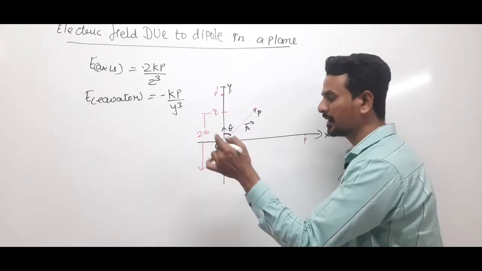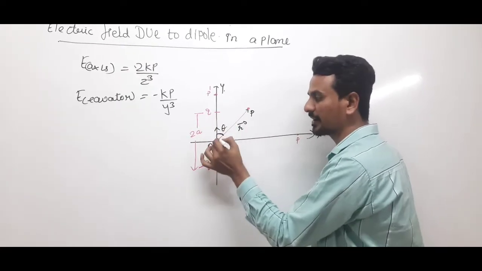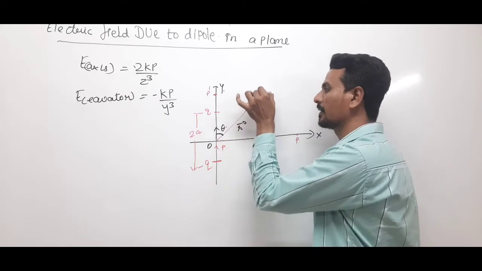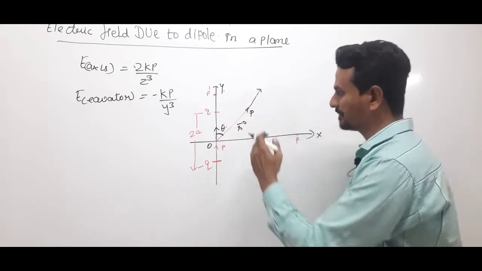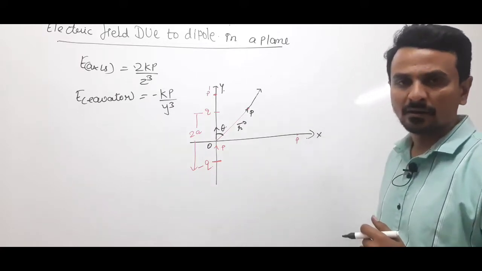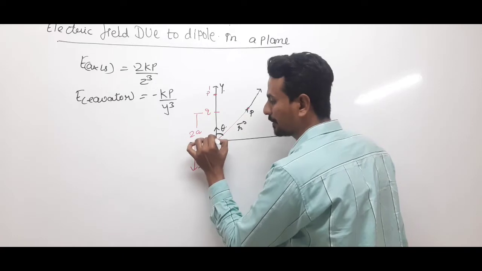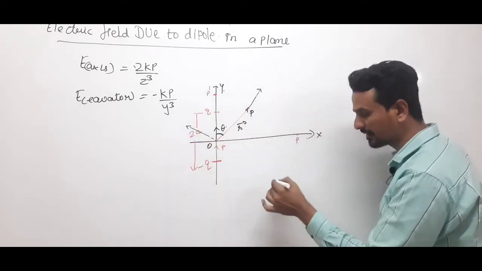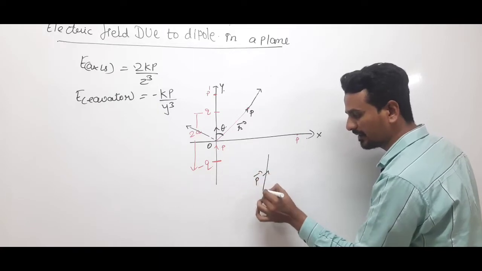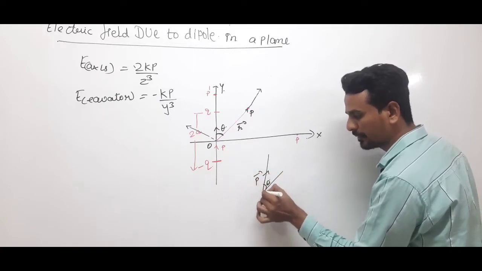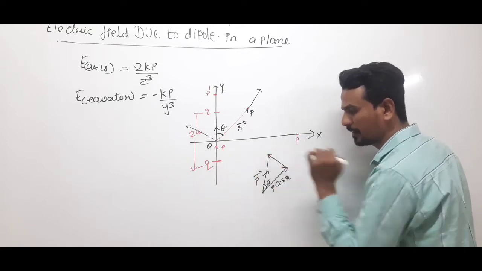Since this is the direction of the dipole moment, and this is theta, we have p cos theta, that is the radial component of the dipole moment, and p sin theta will be somewhere this way. Say this is your vector p, this is theta, so this will be p cos theta and this will be p sin theta.